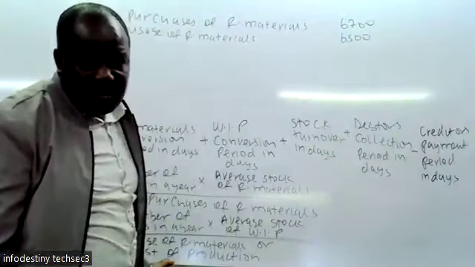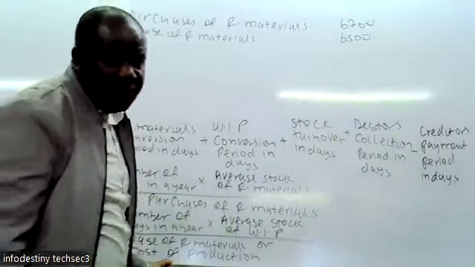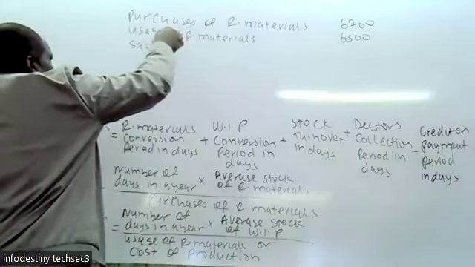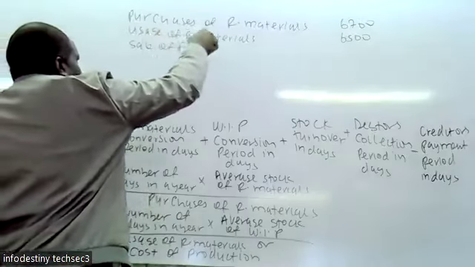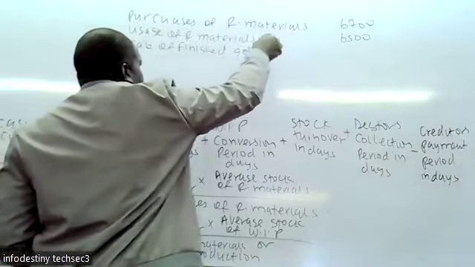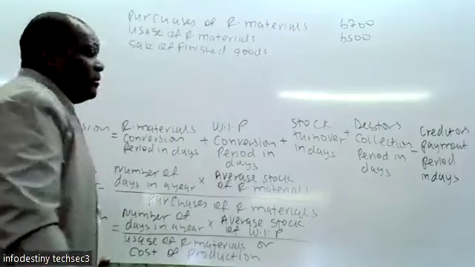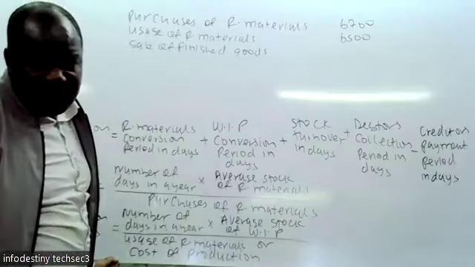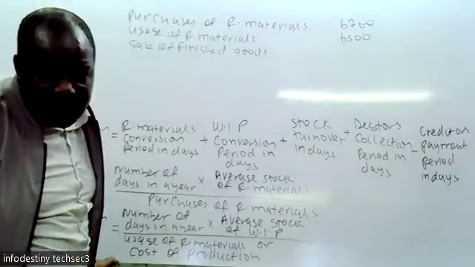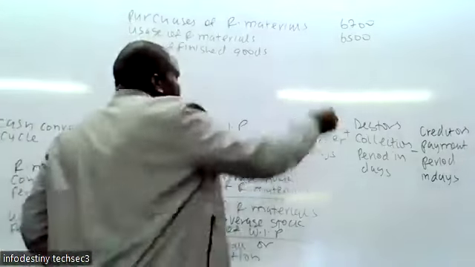The next one should be sale of the finished goods. Sale of the finished goods is meant to be 25,000.